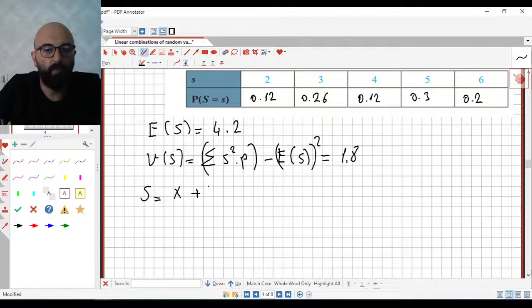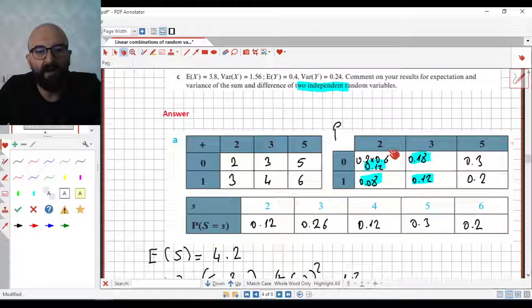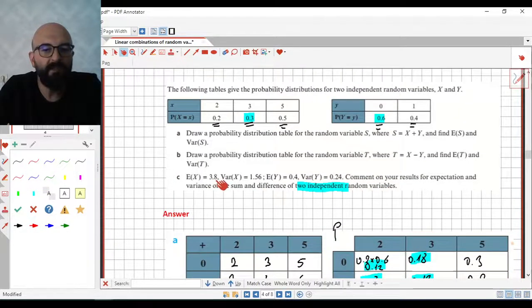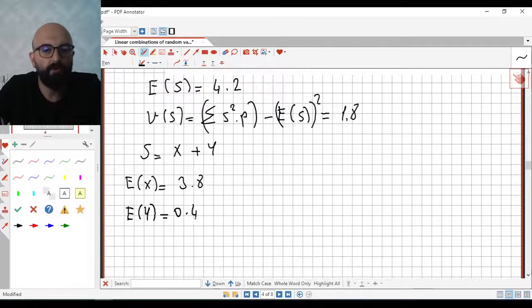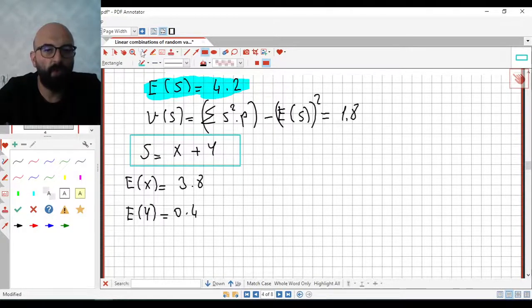S means x plus y, as you remember, and the expected value of x they gave us 3.8. The expected value of y, 0.4, and we could find the expected value of x plus y.